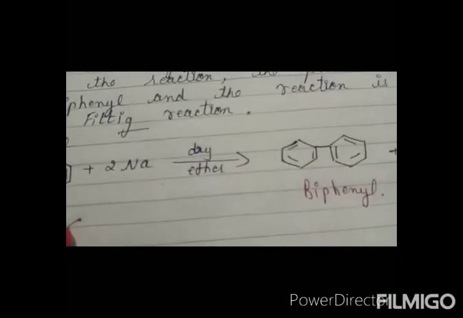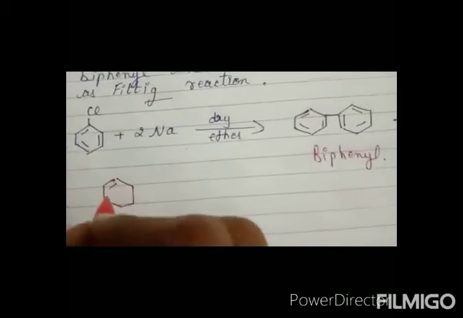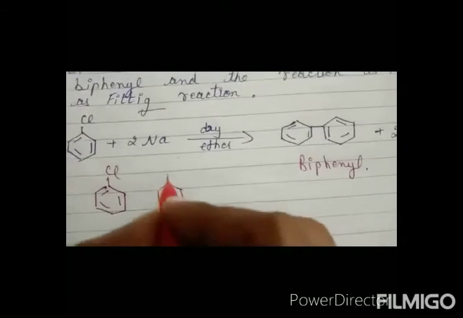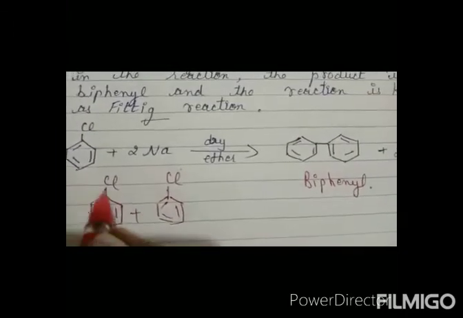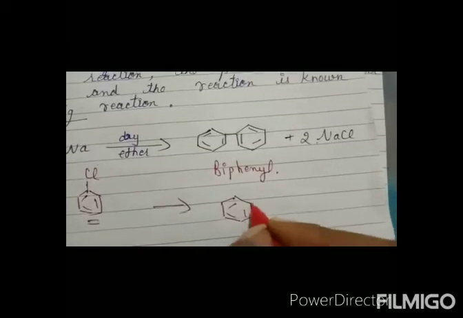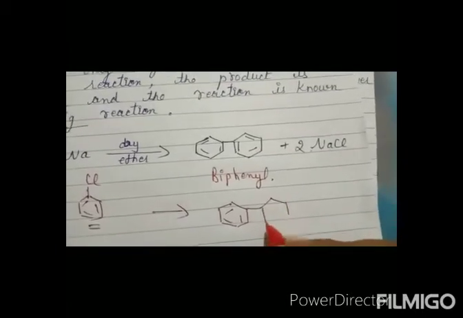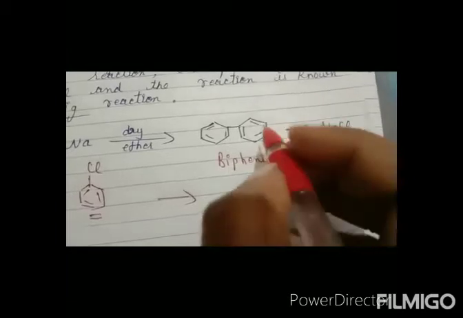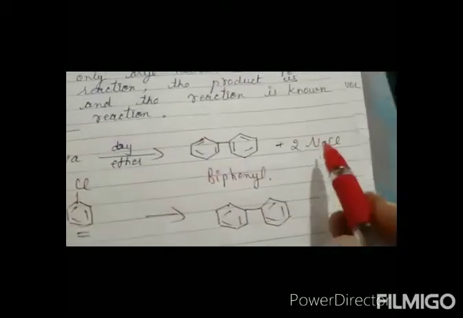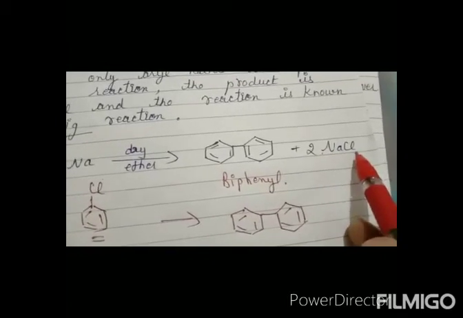So when I have two chlorobenzene molecules, both aryl groups combine, and therefore I have biphenyl. Both benzene rings combine together and we get our major product, biphenyl. The Cl combines with sodium and comes out as NaCl. So this is the first reaction of the haloarene.